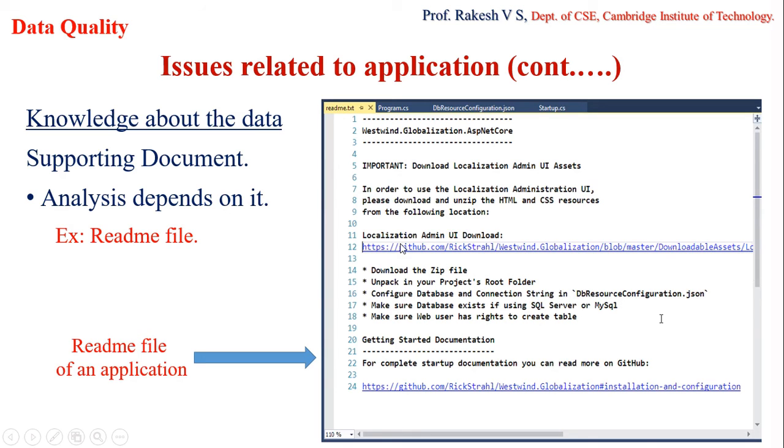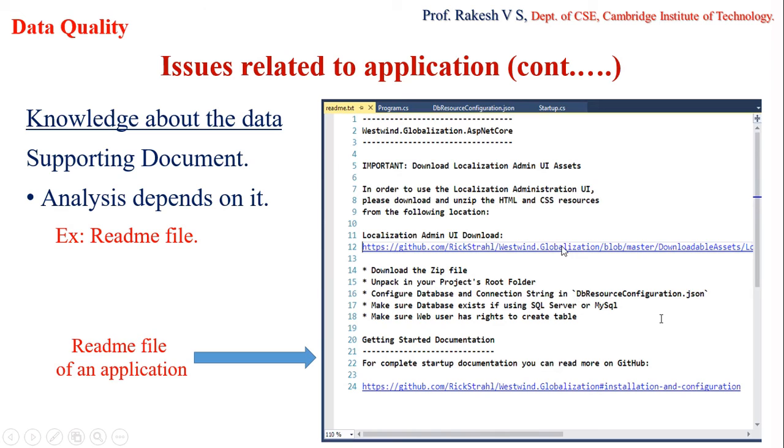Since we might take the help of a friend or someone else who has already installed this software, we tend to ignore it, but this is actually the knowledge about data I'm talking about. Such documentation, if present, will be helpful for the analysis purpose.